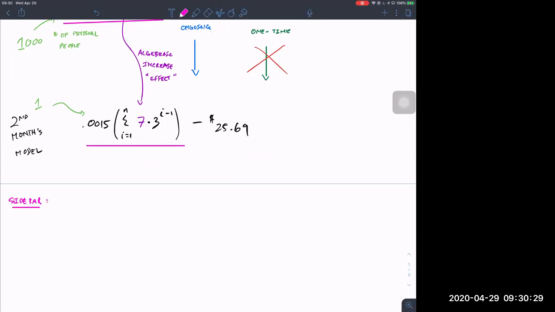The question is this: how do you know when one equation, I'm going to use the word outperforms, another equation?